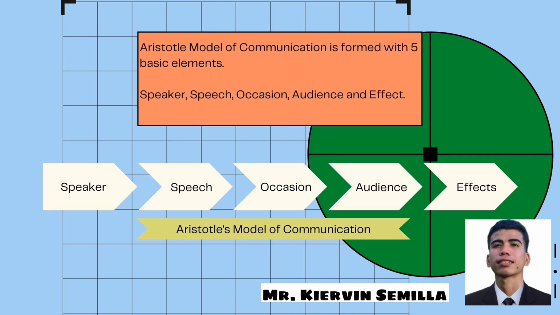Second, we have speech. Speech is the message of the communication that speakers want to deliver to the audience. The speakers deliver the speech to accomplish a goal. For example, political leaders produce persuasive speech to motivate supporters. And third, we have occasions.